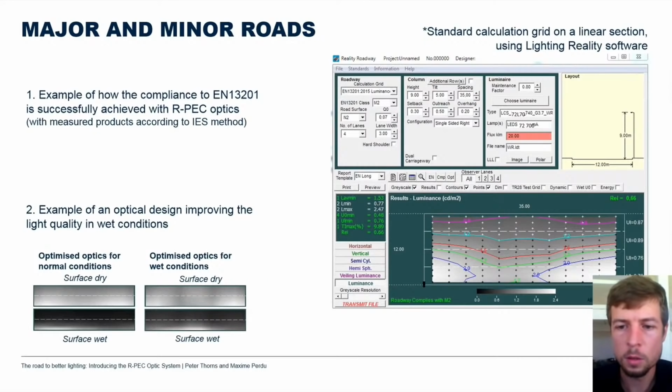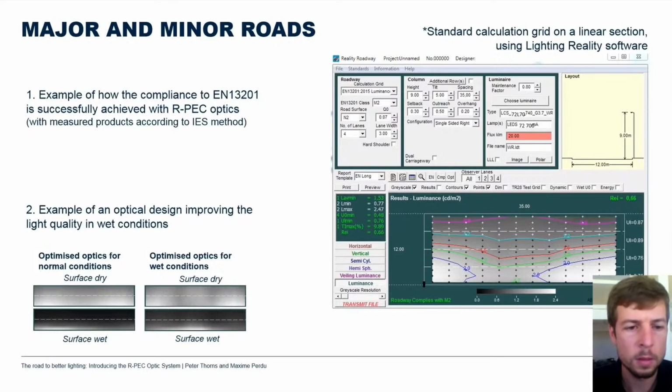The second case is also a very interesting one. It can give a quick overview of what happens if the surface of the road goes wet. We have on the left a very optimized optic for all dry conditions from our range. And you can see if the surface goes wet, it gets even closer to a mirror, so it creates dark spots because the light is not reflected in the direction of the driver anymore.